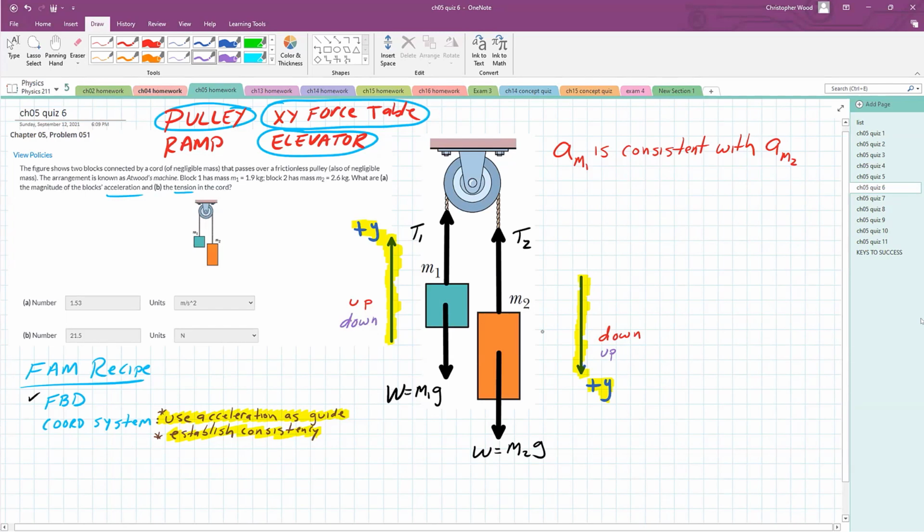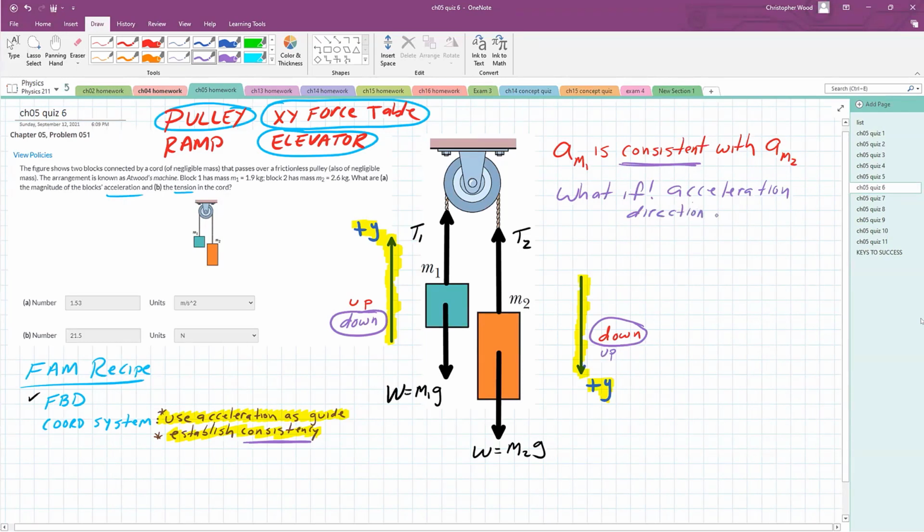Can you imagine a scenario where mass 2 accelerates downward and mass 1 also accelerates downward? No, you can't. The cable wouldn't allow that to happen. So that's what I mean by consistent. I always have to be consistent. What if the acceleration direction is unknown, which is probably going to be more often the case than not?